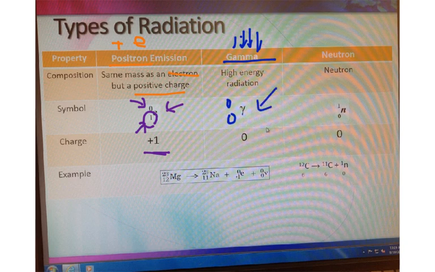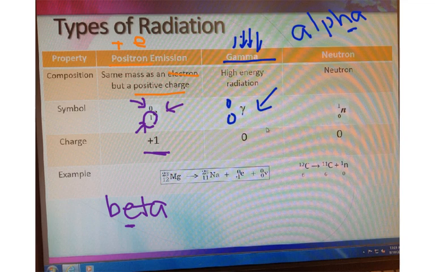So how I remember, once again, I have an alpha particle. Alpha particle has that H, so it is the helium nucleus. If you look at a beta, beta has that E, it's the only one with the E, so it would be an electron. If you look at positron, if you break down the word, positive electron. So figure out what the symbol for a positive electron would be.